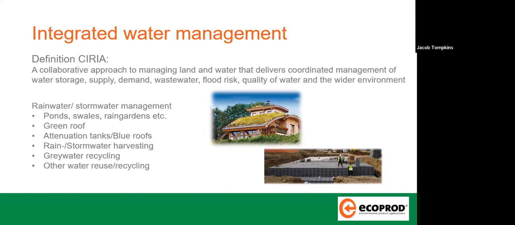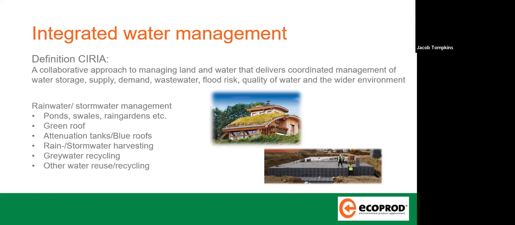Now, there are various ways of managing the water that comes in, but what we also need to look at is how you manage water within your business almost as if it's a natural water cycle. So we need to think about when it rains, are you just putting that water straight into the sewer, which you're being charged for, and you may also be charged for runoff, or have you thought about things like ponds, swales, rain gardens, ways of slowing down water, which some water companies will also compensate you for because it reduces flooding?